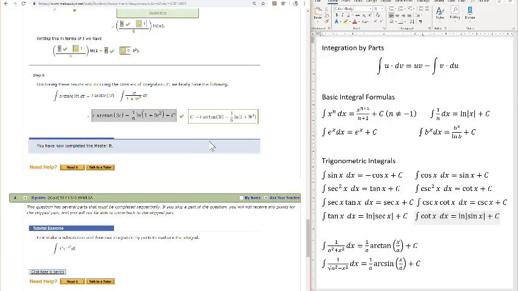Okay, so hopefully that will be useful for some future integrals where we're looking at one function and we don't really know the integral of that. Okay.